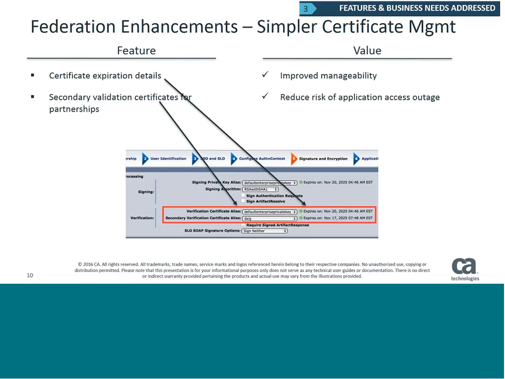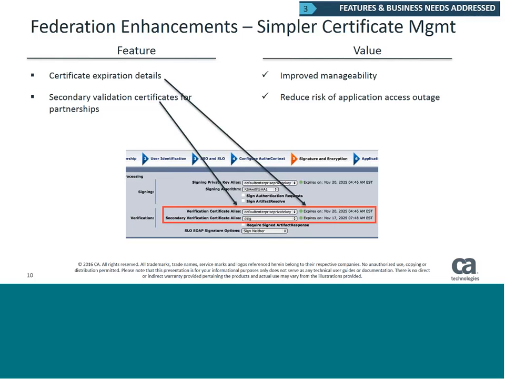The coordination with your federated partners is simpler, both from a timing and a certificate rollover perspective, because you will have the ability to have multiple certificates and keys in the solution at the same time.